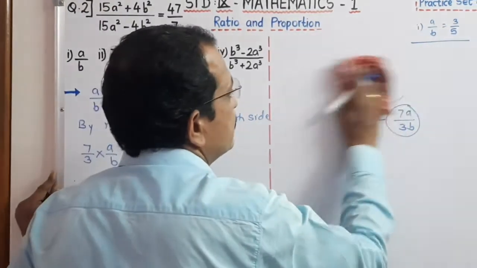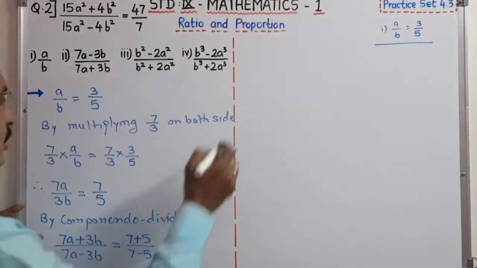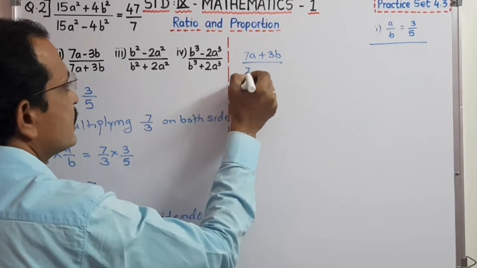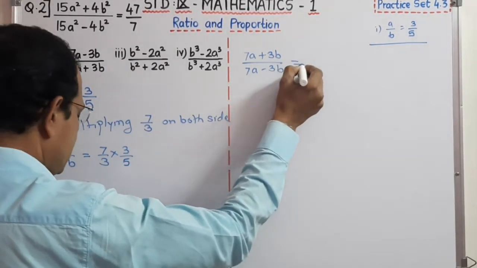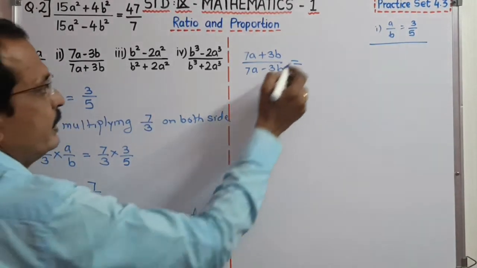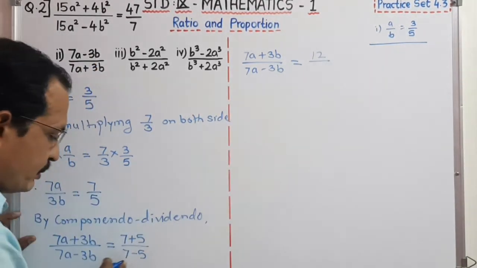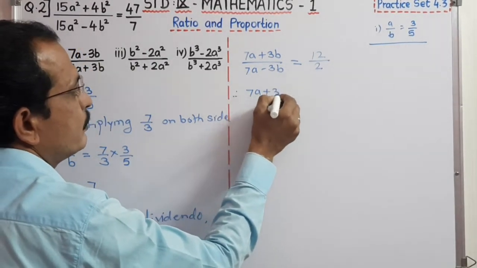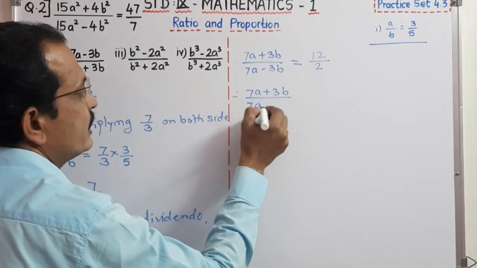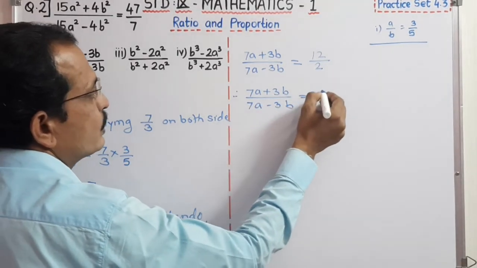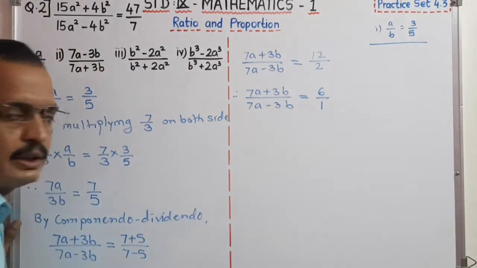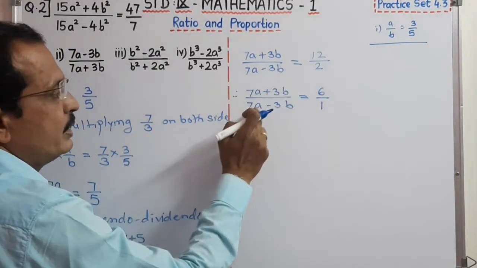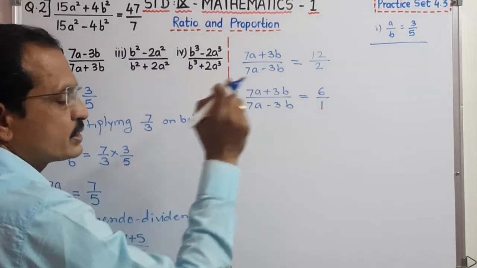Now dear student, see here, 7a plus 3b upon 7a minus 3b is equal to 7 plus 5, it is 12, and 7 minus 5, it is 2. Therefore, dear student, we got here 7a plus 3b upon 7a minus 3b is equal to 6 upon 1. Isn't it?